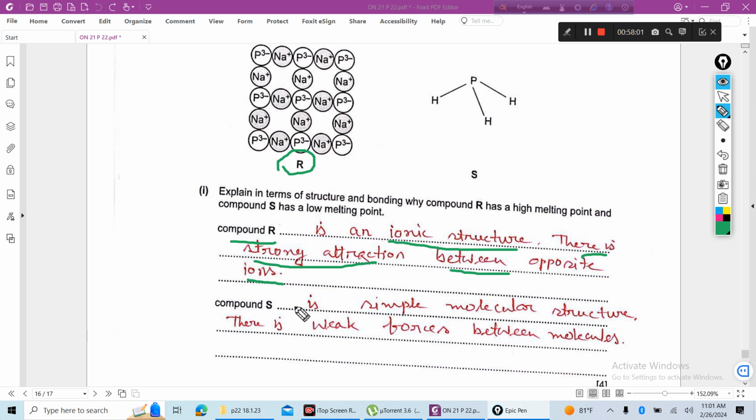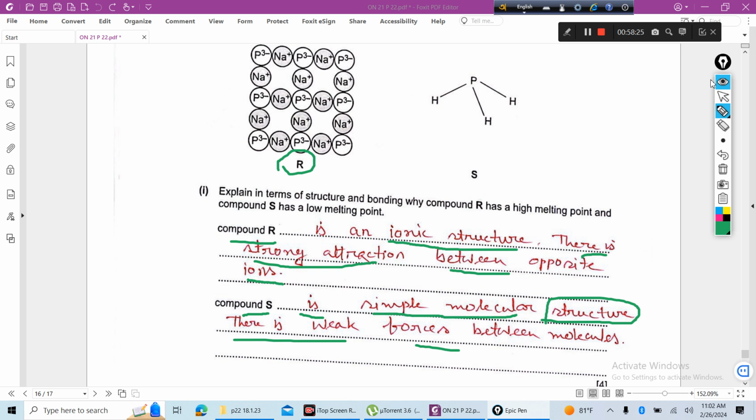That's the reason. Compound S is a simple molecular structure, so it has a low melting point. There is weak force of attraction between molecules, or you can write there is weak intermolecular force between molecules.